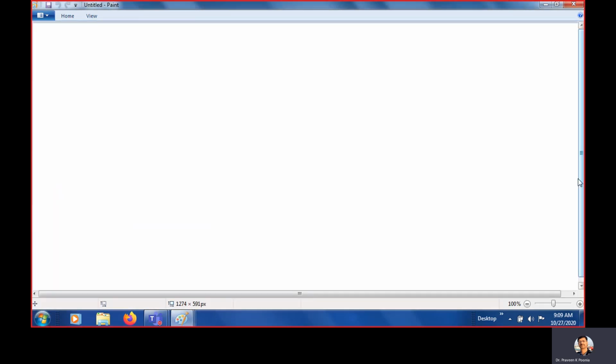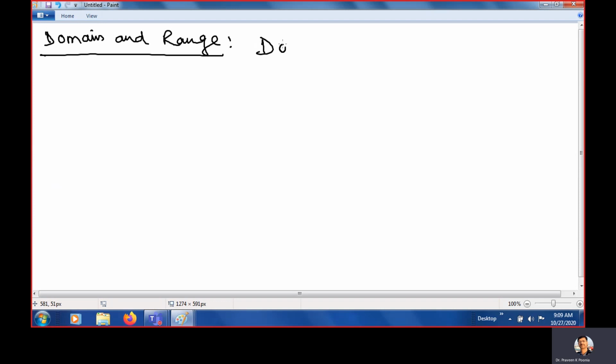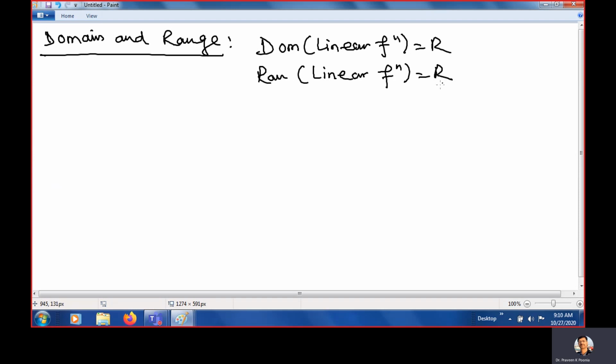And one more thing, if I want to talk about the domain and range of a linear function, the domain of a linear function is R, and the range of a linear function is R. Clear? Now the question comes, why are the domain and range the real numbers here?